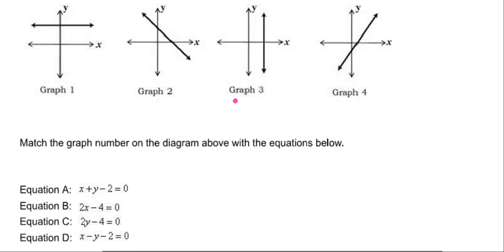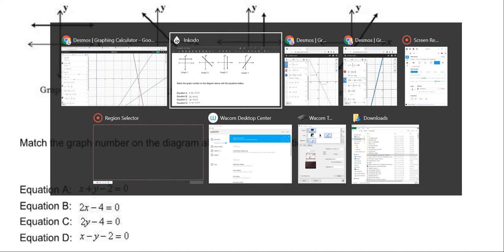Next, match the graph on the diagram with the equations below. So we're trying to match different versions of the same thing. Okay, so we have x plus y minus 2 equals 0, 2x minus 4 equals 0, and 2 other equations there.